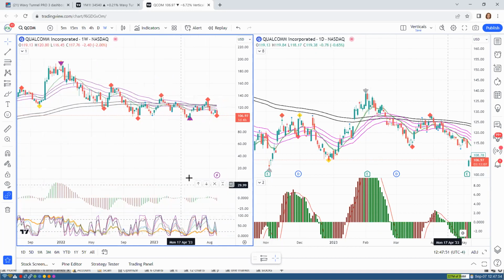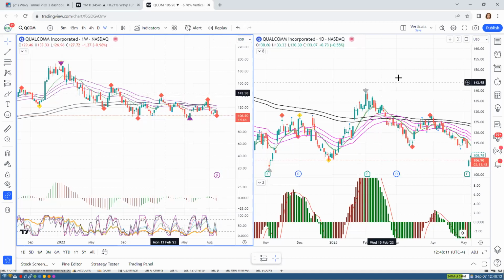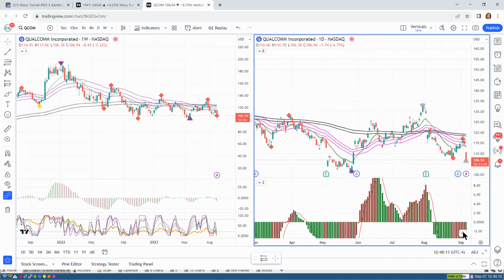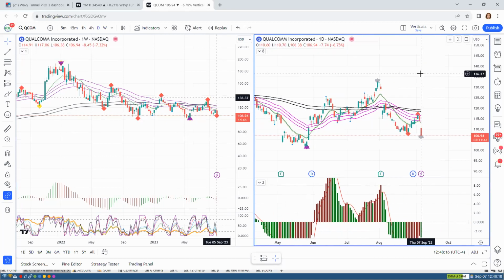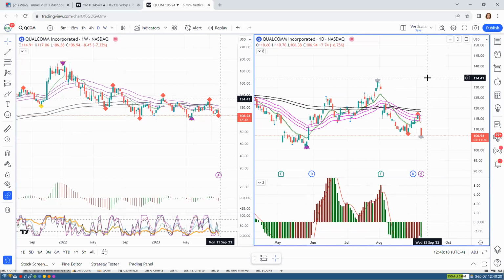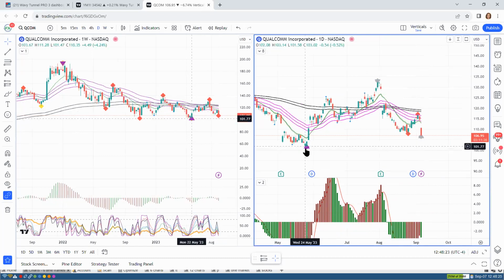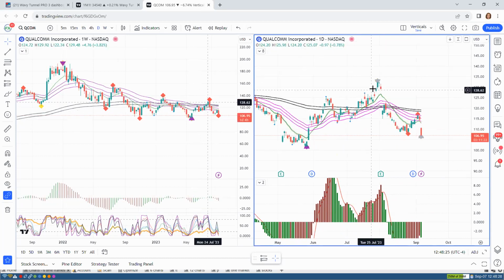So just based on the weekly, and then we have a red, as long as we hold these lows, we can go higher. In the worst case scenario, we take out these lows and we make another new low for a buy. Okay, so that's on the weekly, and on the daily, here we have a purple, gray.